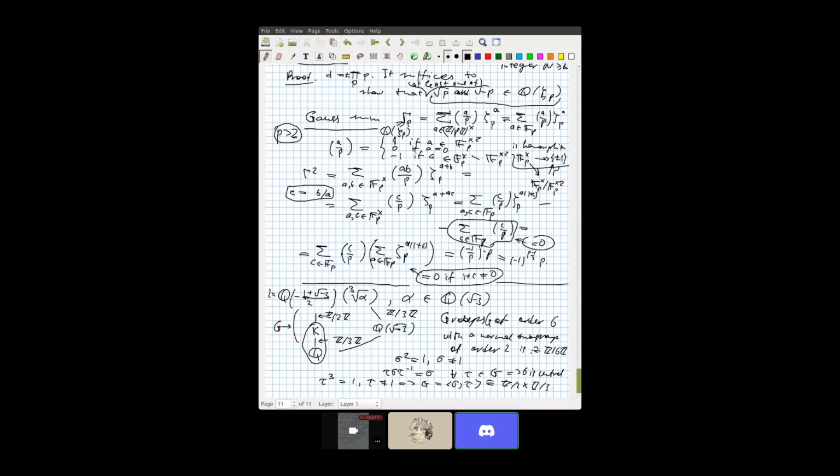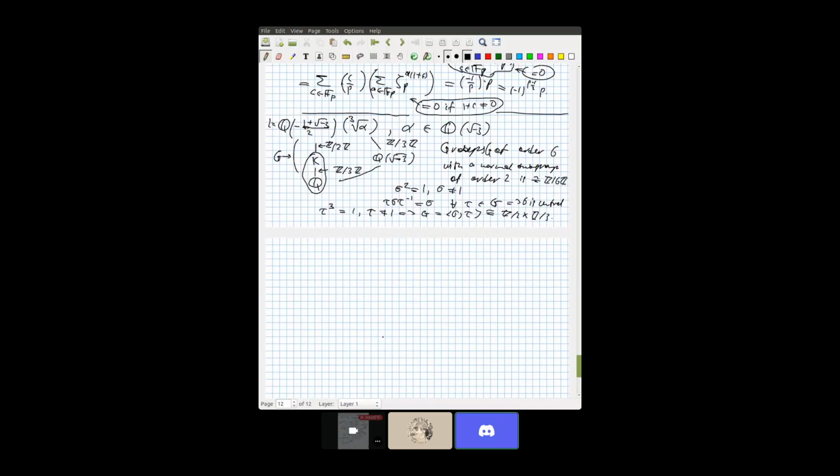Okay, so now, on the other hand, what could be the automorphisms here?